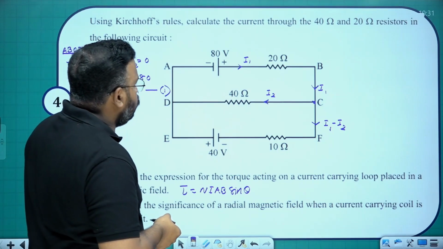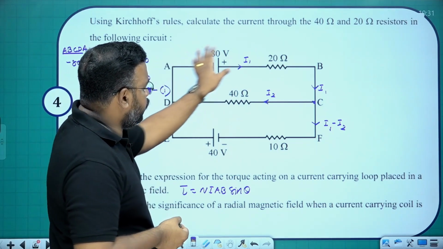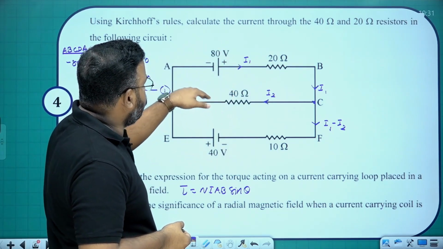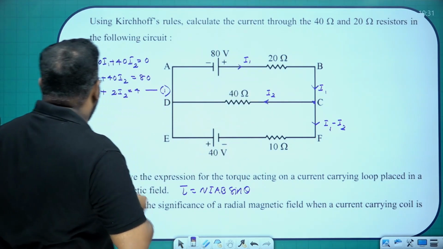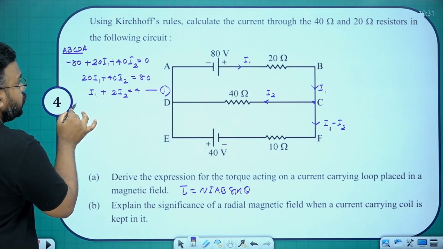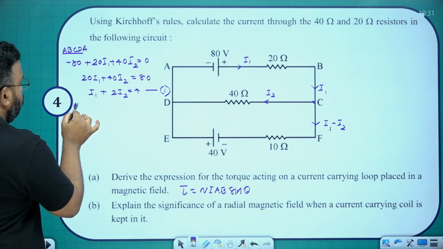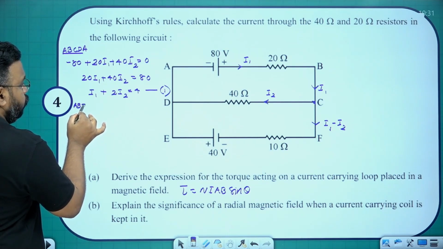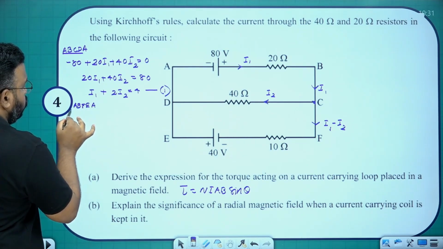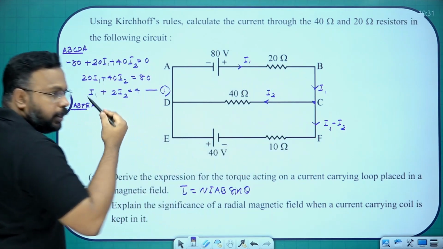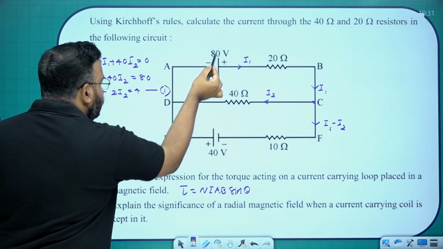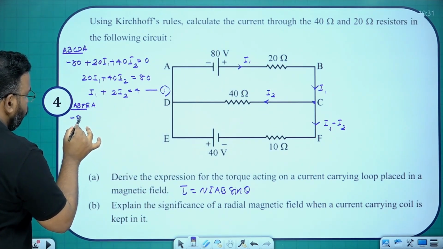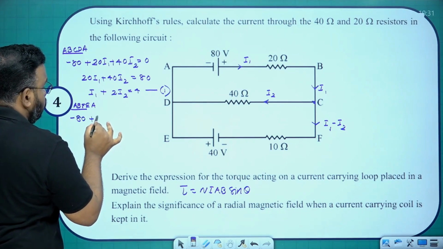Now we need to take one more loop. Any loop you can take. Either you can take this one or you can take this one. So I'm taking the bigger one. My loop name is A, B, F, E, A. This is a loop I'm going to take in the clockwise direction. I'm again starting from here. Again I can see minus 80 plus 20 I1.